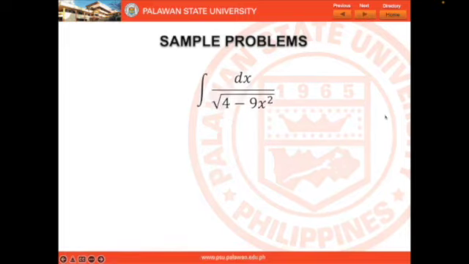So for this one, the integral of x over the square root of 4 minus 9x squared. Looking at this, I think you already have an idea which format we should be applying here. The terms inside the radical symbol are both perfect squares, 4 being 2 squared and 9x squared being 3x squared.